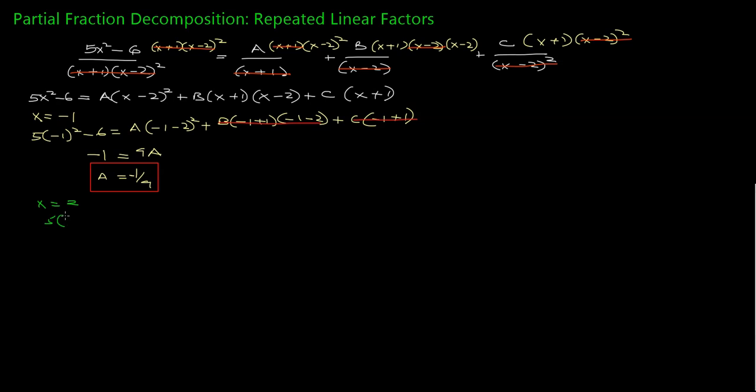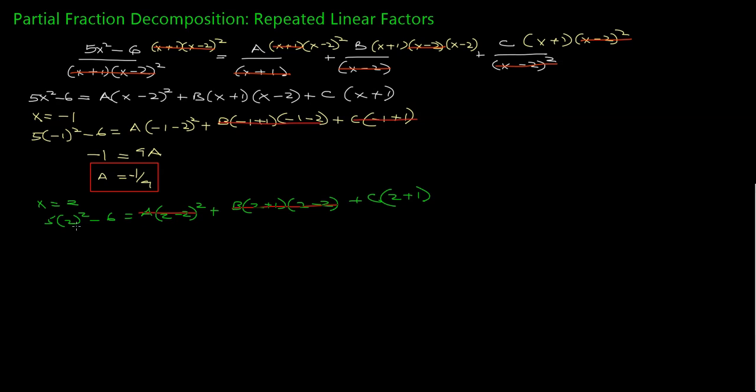Therefore, we have 5 in brackets 2 squared minus 6 is equal to a in brackets 2 minus 2 squared plus b in brackets 2 plus 1, 2 minus 2, that goes, plus c in brackets 2 plus 1. Let's do our cancellations. You notice that a goes and also b goes because the other factor is 2 minus 2, and then we remain with 2 plus 1.